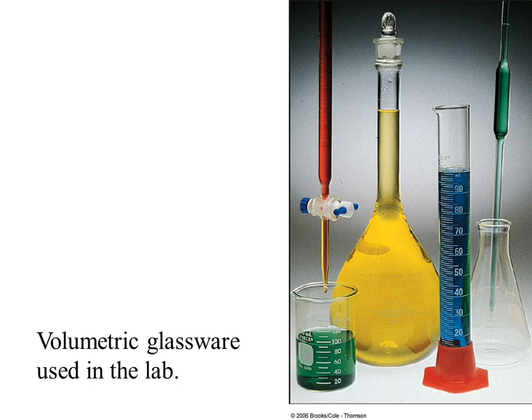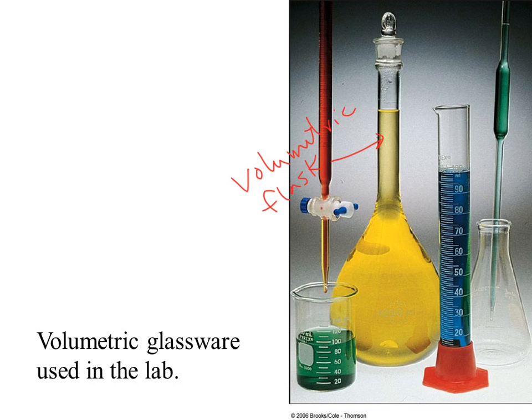this is the pipette that I said, never suck liquid up. Even if your boss tells you to, say, I don't think so, right? Always use a pipette bulb. This is similar to the pipette in that this is called a volumetric flask. The thing with a long neck, right here.